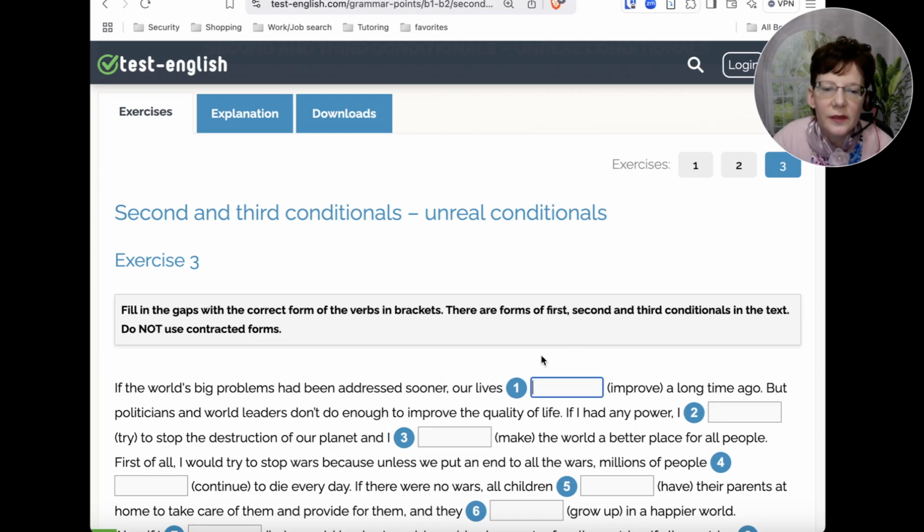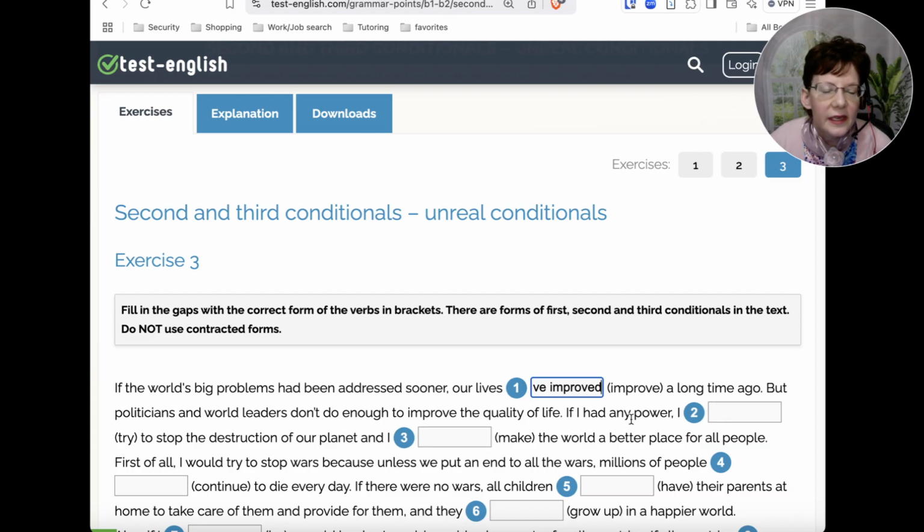Do you remember what form you'd use? So we have would have improved. So present perfect, there we go.